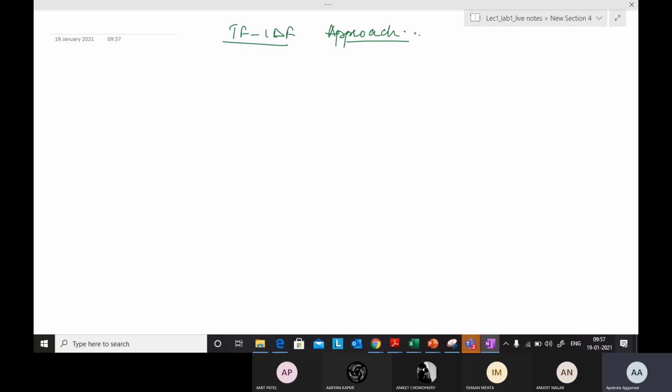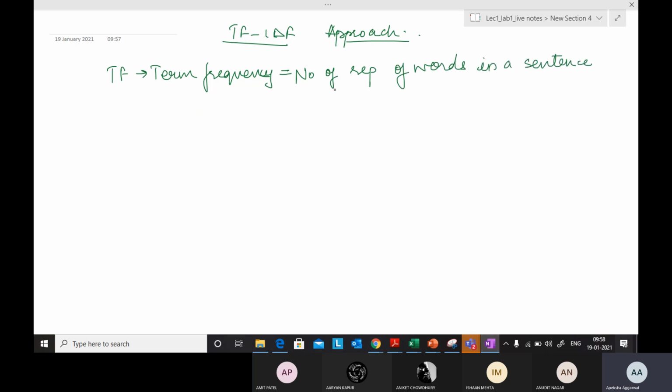Term frequency, TF, is equal to the number of repetitions of a word in a sentence divided by the number of words in a sentence.